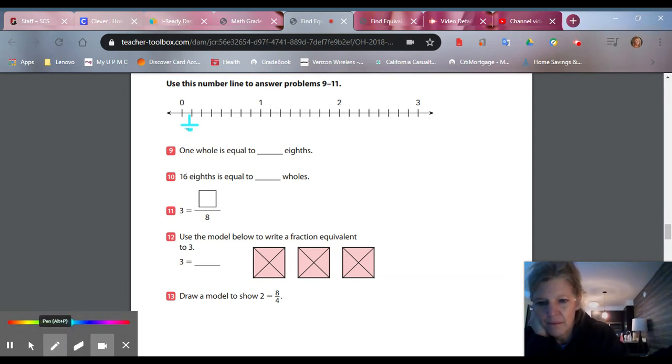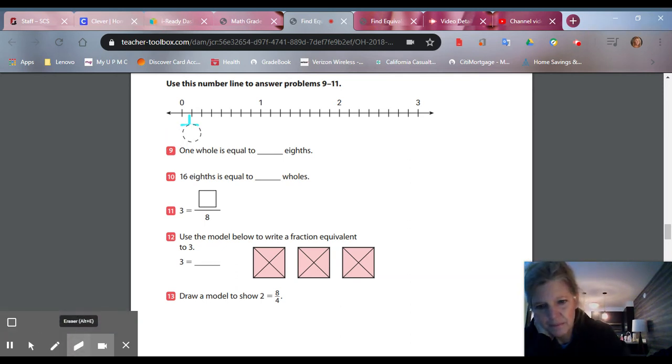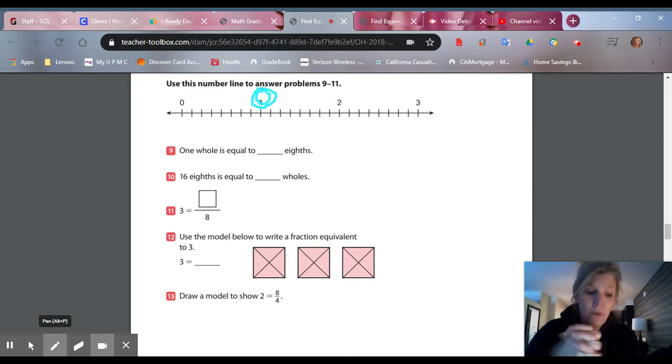All right, so let's take a look at number 9. The question is, 1 whole is equal to how many eighths? Here's 1. How many eighths does it take to make a whole piece? Do you know?